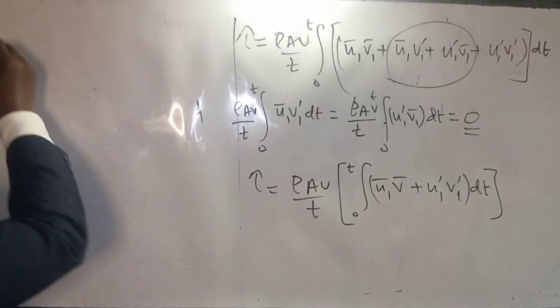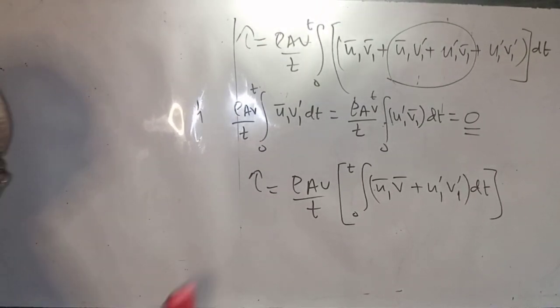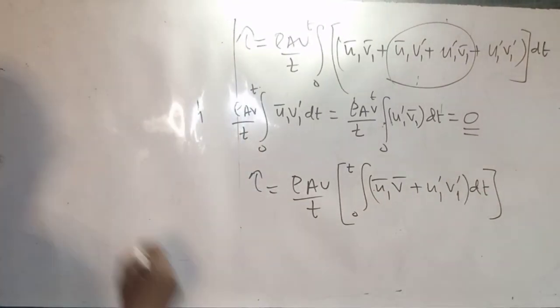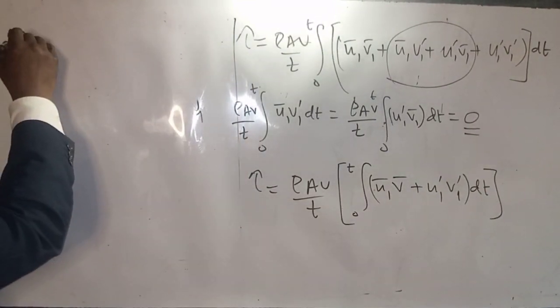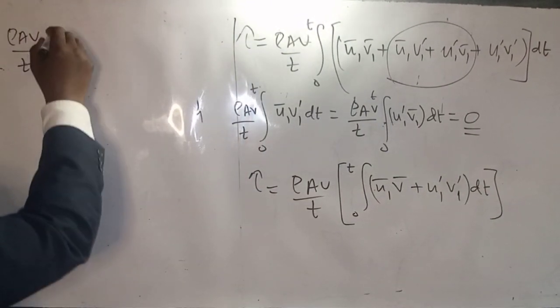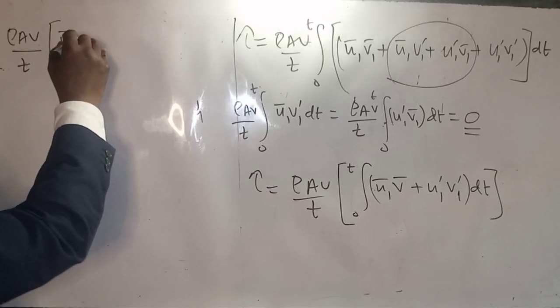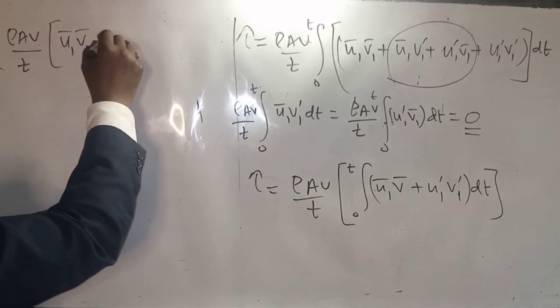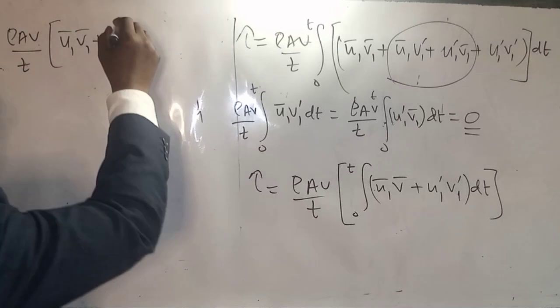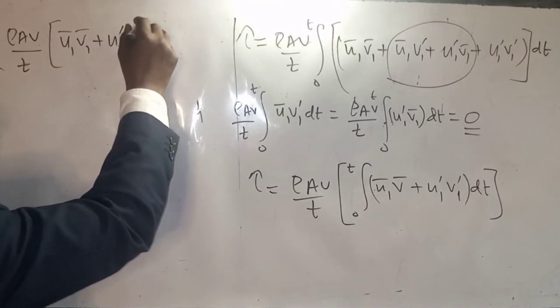Now the solution tau, if you look at this, take the integral of that, t will have rho A v over t into u1 bar v1 bar t plus u1 prime v1 prime t.